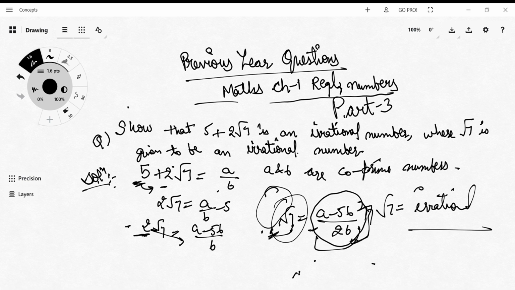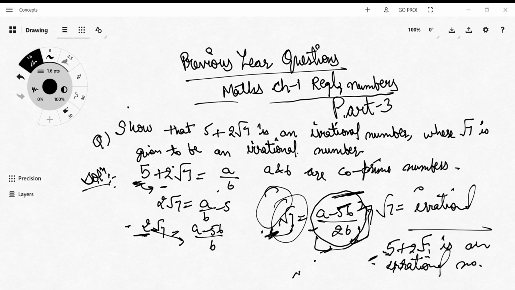So LHS must be equal to RHS. That means if root 7 is irrational, then this should be irrational as well. But it contradicts our assumption. Therefore, 5 plus 2 root 7 is an irrational number. Okay, got it?